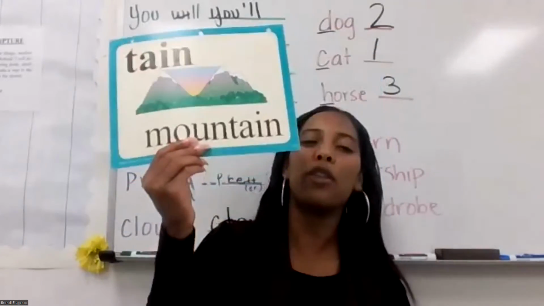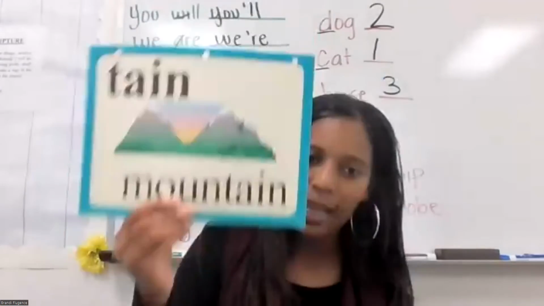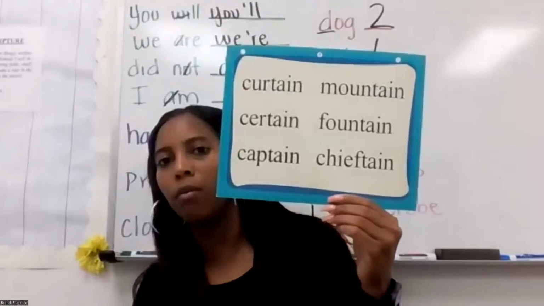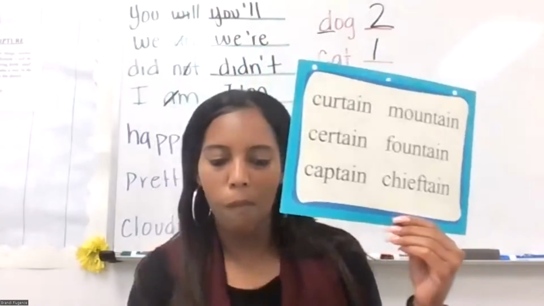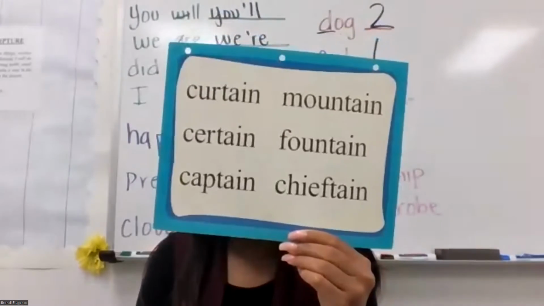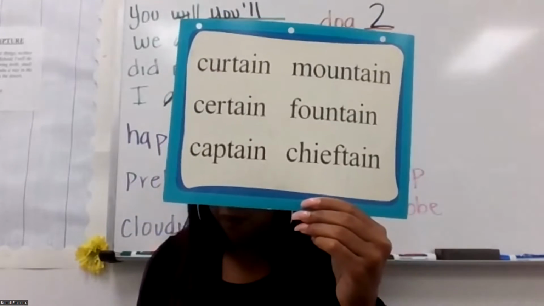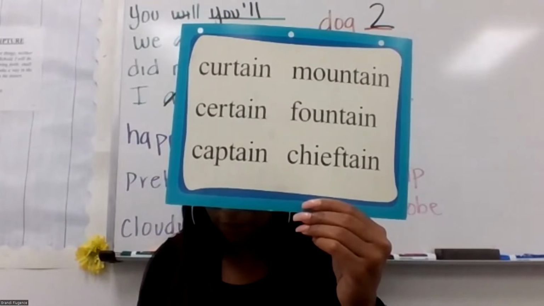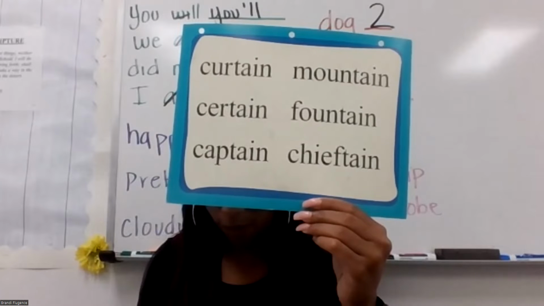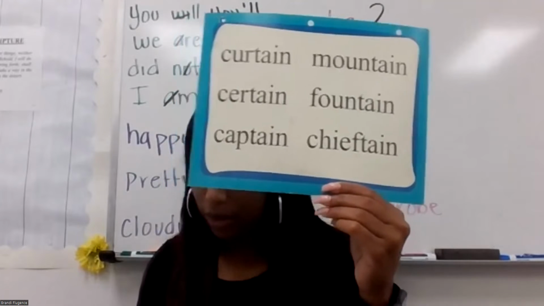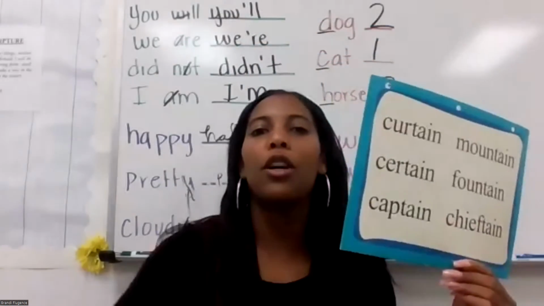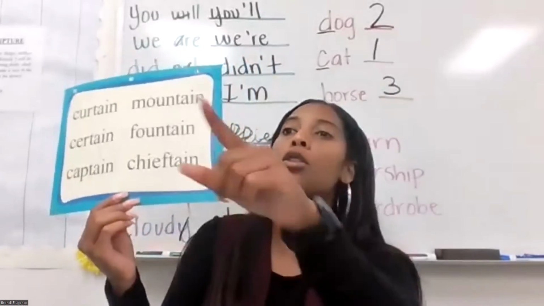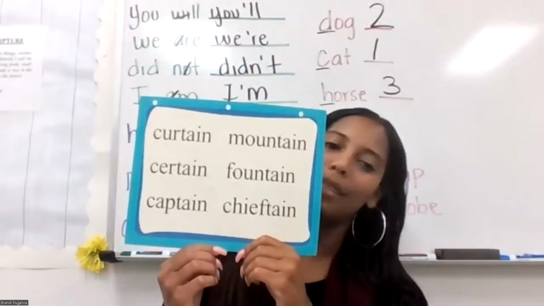Okay, this is when you are sure about something, like, yes, I know, I am sure. You would say that I am this. Joshua? Not mountain. When you are sure about something, like you're 100% sure.